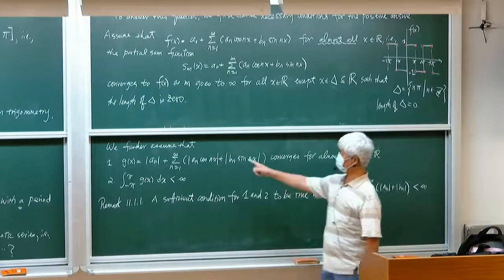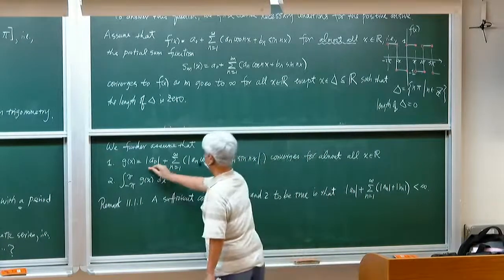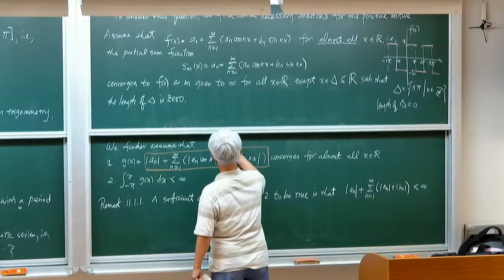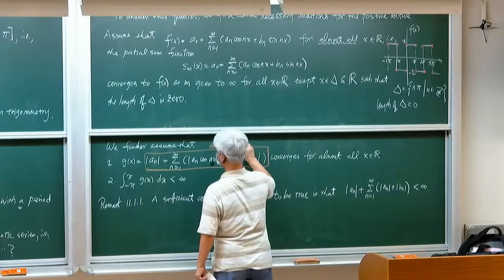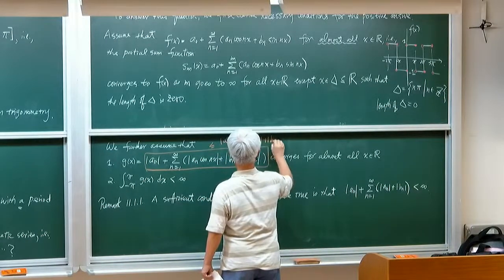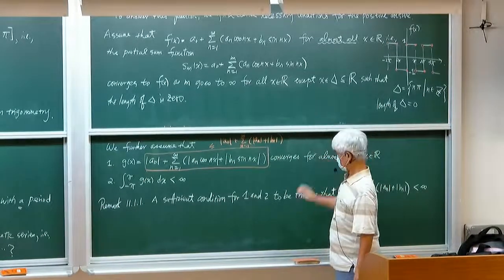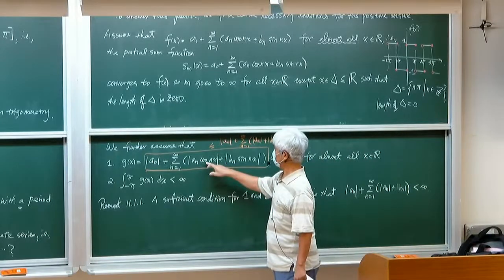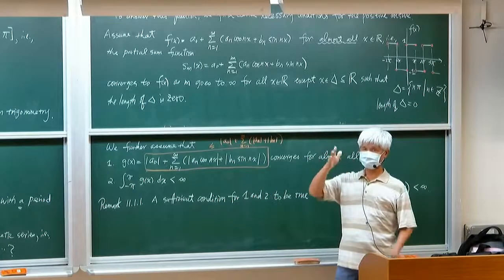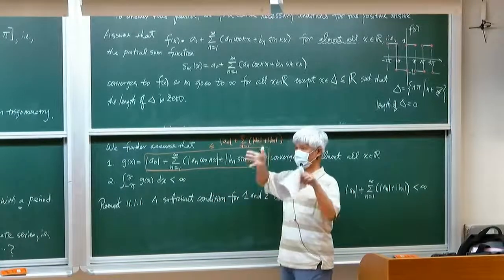The reason is that the cosine function and sine function are bounded by 1, right? So the absolute value of cosine function or sine function are bounded by 1.